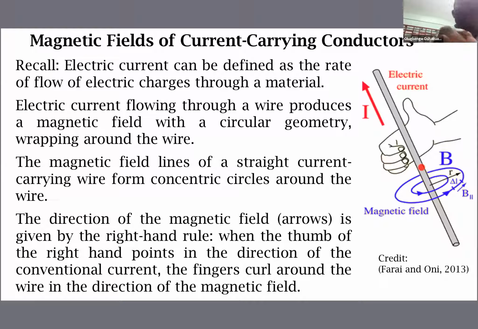So in this case, this is the current carrying conductor. There is a rule which is known as the right-hand rule.